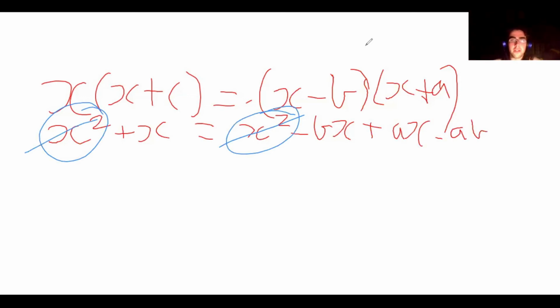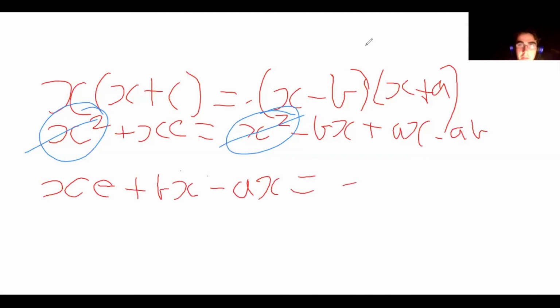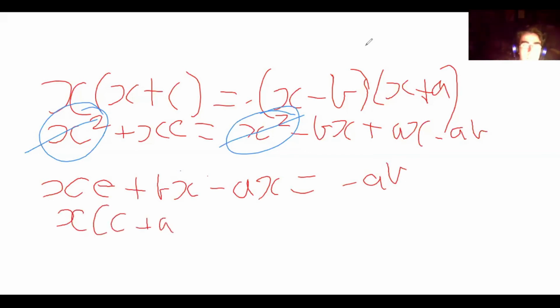So now what we're going to do is bring all the x's onto one side, because that will help us to factorize it. Sorry, that should be xc, x times c, plus b times x minus a times x equals minus ab. So let's factorize x. We have x(c plus b minus a) equals minus ab.